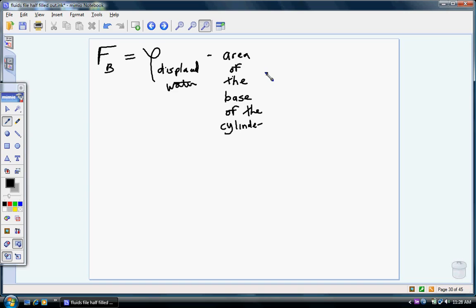So it's going to be half the height of the cylinder.